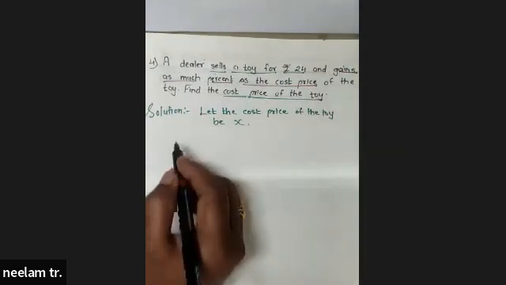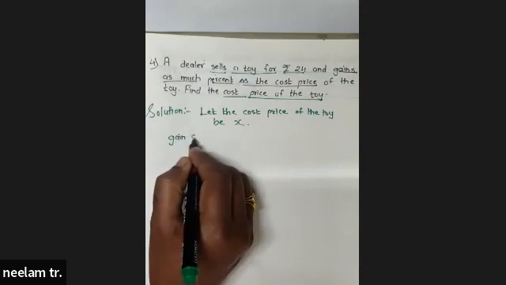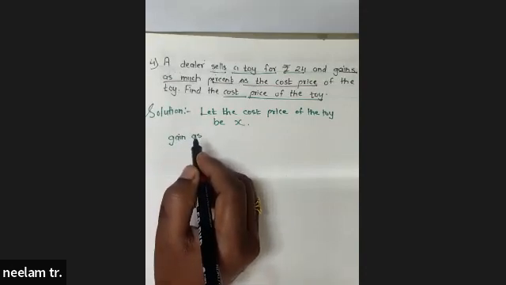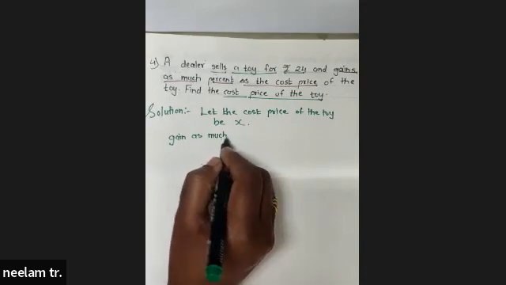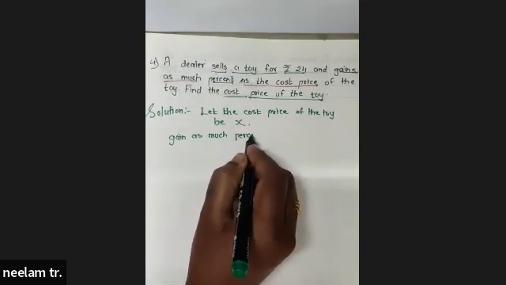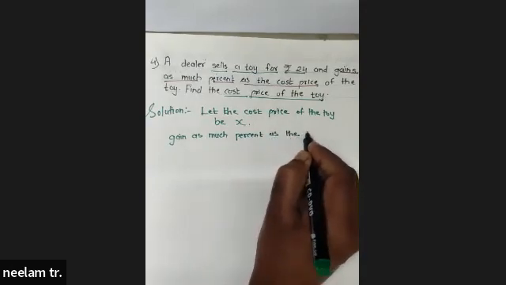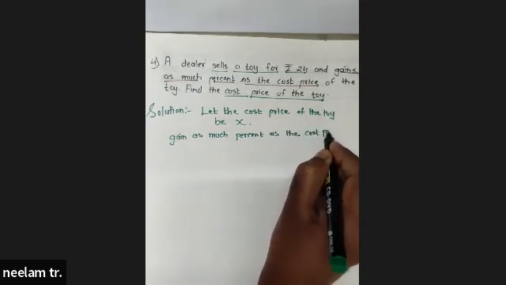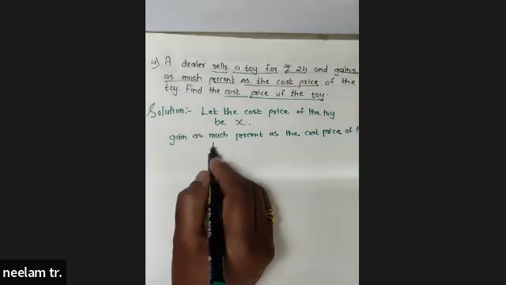You will write this: gain as much percent as the cost price of the toy.